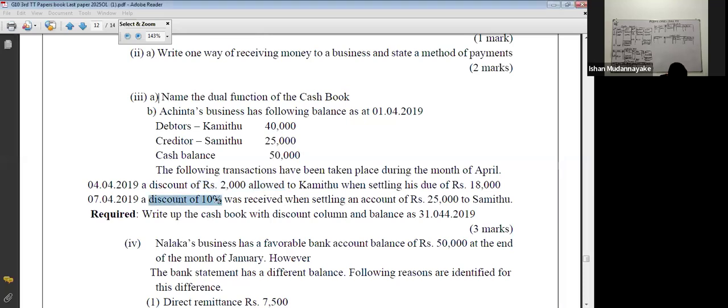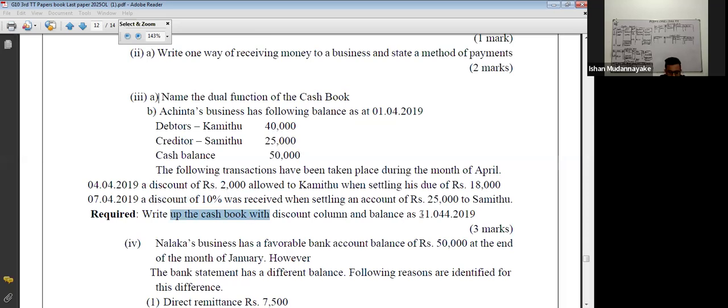And the next one, a discount of 10% was received when settling an account of 25,000 to Samitu. Then write up the cash book with discount column and balance.